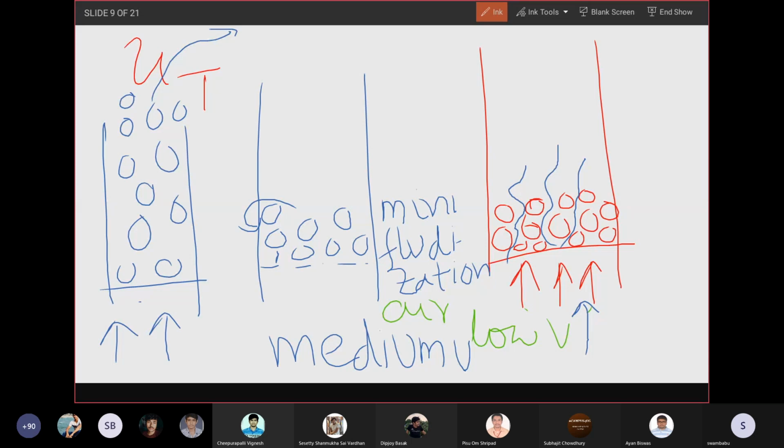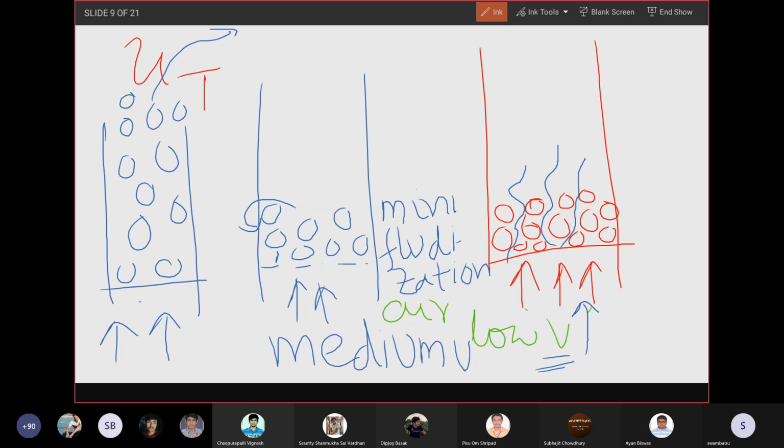And the particles will attain a certain steady velocity. Here the particle velocity is almost zero, and air velocity has a certain value. Here the particle has a very, very low velocity because it has just started moving. At this condition, the velocity of air is very high, and the particle velocity is also increasing.